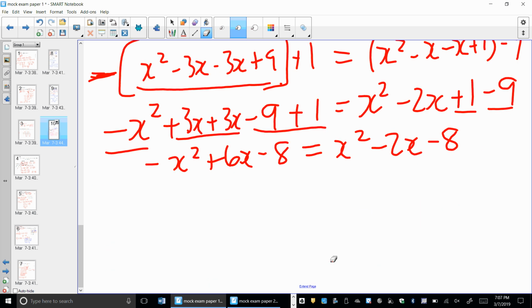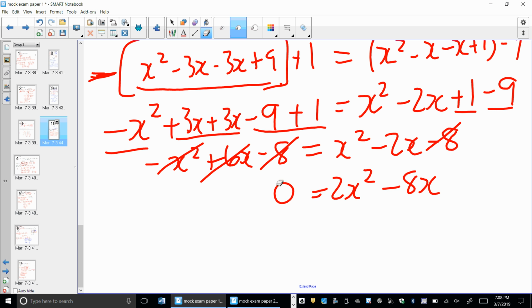Right, so now I need to join everything to the same side. So I'm going to add the x squared to both sides. So I've got 2x squared. I'm going to take away 6x from both sides. So that's negative 8x. And I can see that they're common, so they just cancel out. So I'm going to factorize it. So I can see that 2x is common.